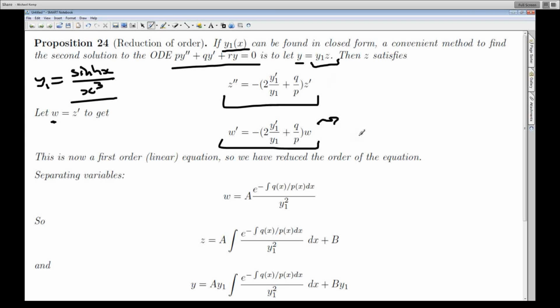If you followed that logic for this particular case, then you end up getting, for this example, w dash is equal to minus 2 cosh x over sin x times w, I think it is.